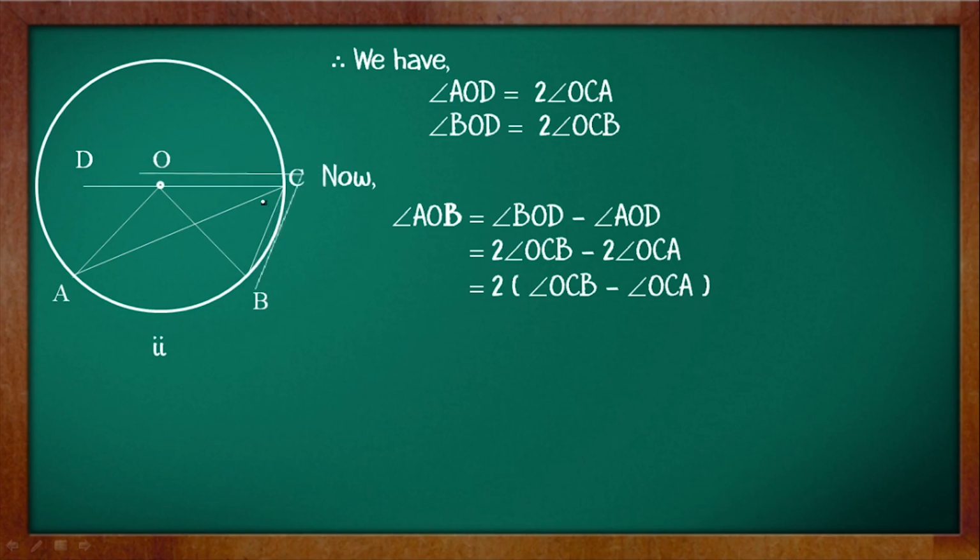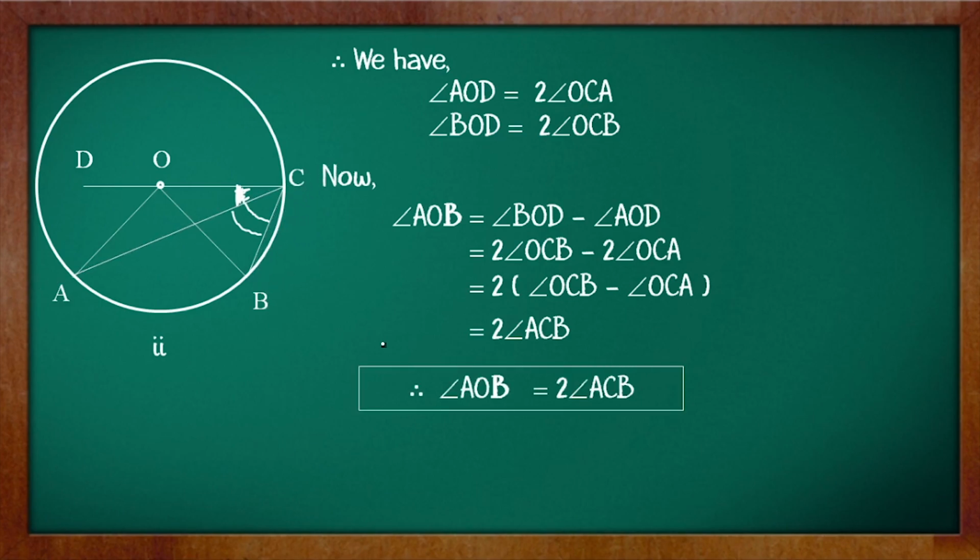OCB is this whole angle here, and OCA is this smaller part here. So when we take out angle OCA, we'll be getting the remaining part, that is angle ACB, this angle here. So what is the final thing that we get? We get angle AOB is twice angle ACB.